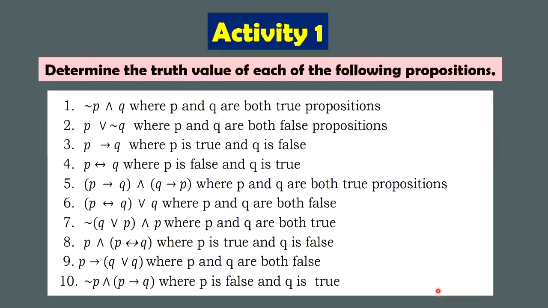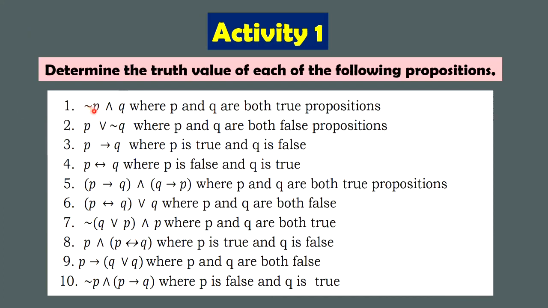Alright. Let's go back to activity 1. You may do it mentally. What do I mean by that? Kunyari, itong number 1. Here, P and Q are both true. So, etong Q, true. Etong P, true. Pero ano yung negation? Anong negation ng true statement?